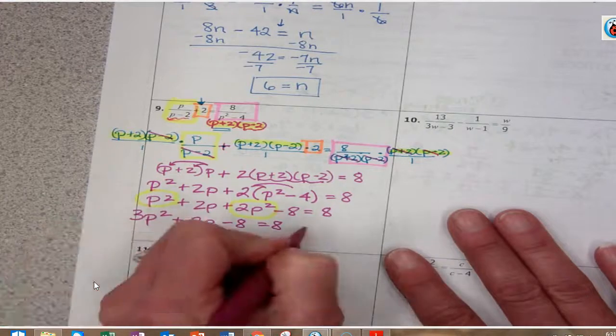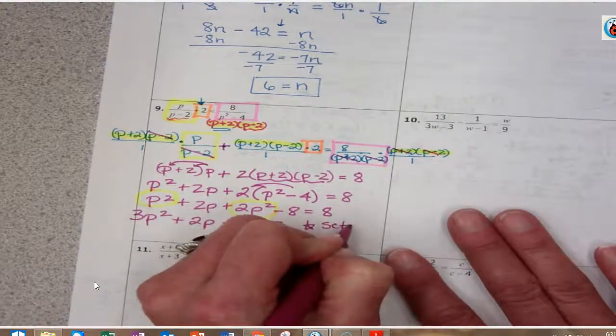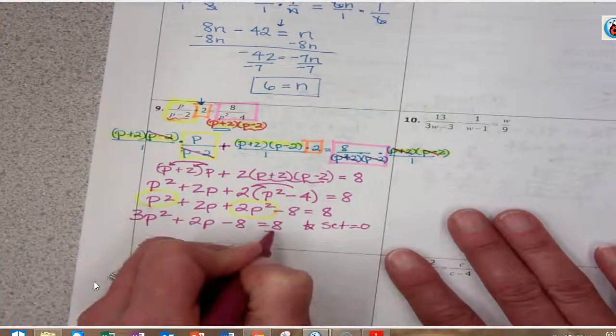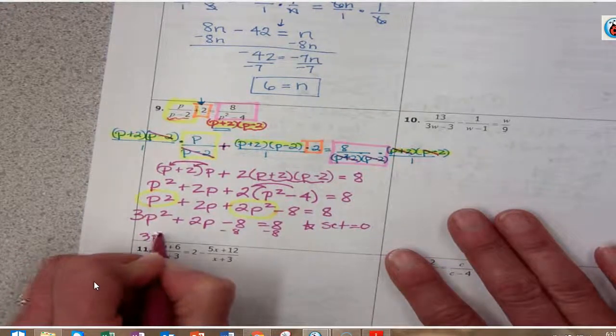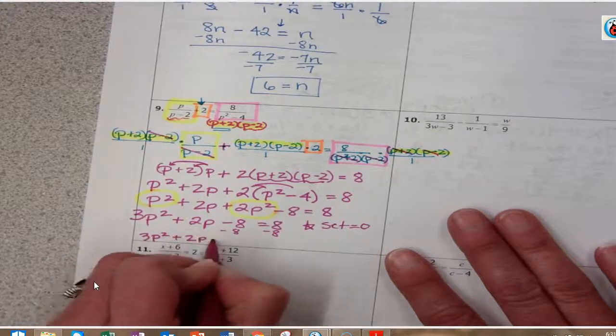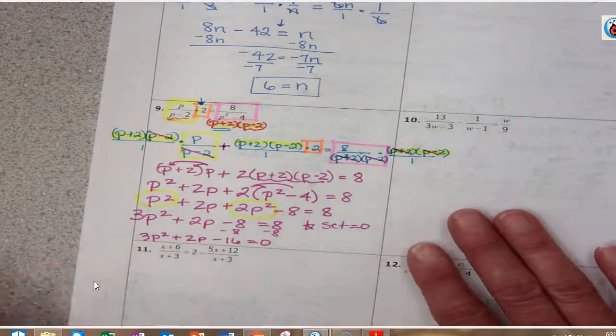Now I need to set this equal to 0. So I'm going to subtract 8 from both sides, and I get 3p squared plus 2p minus 16 equals 0.